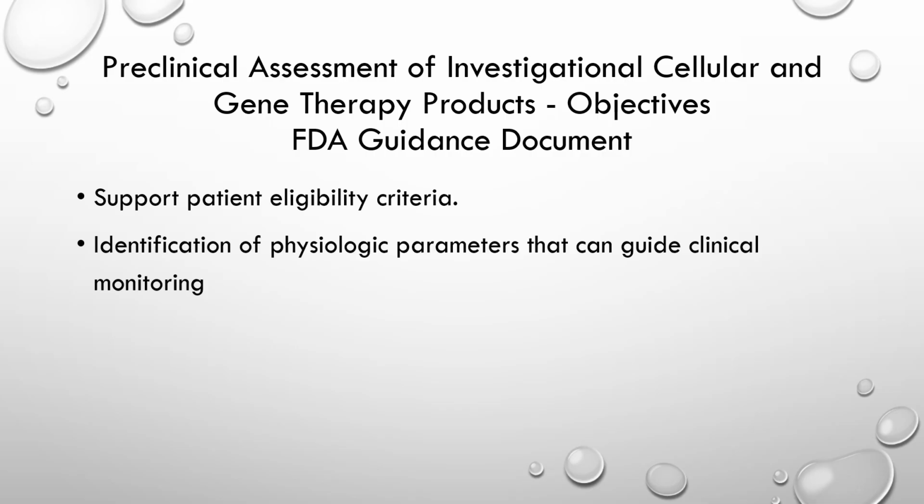And your parameters that can guide clinical monitoring. For example, your IL-6 amounts in the blood will give you an indication with regards to cytokine release syndrome, or well, not ICANS, but cytokine release syndrome, and your on-target off-tumor toxicities in terms of the distribution profile of your antigen. The biomarkers that are present can give you an indication and guide you with monitoring in your clinical trials.